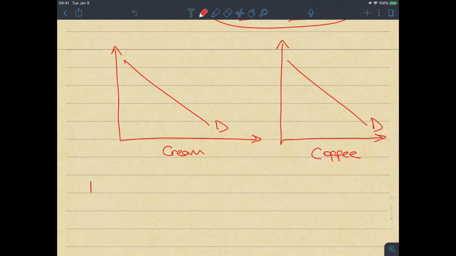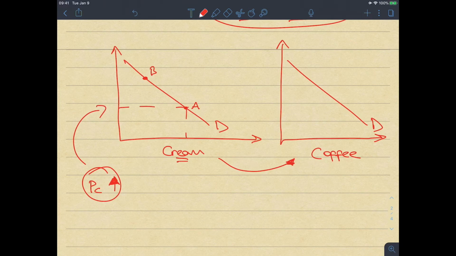And let's say the price of cream is increasing. So basically, we will create the impact from cream. The impact happens in the cream market, but that impact is going to affect the coffee market. So when the price of cream is increasing, we know that this price change is going to affect the cream market.